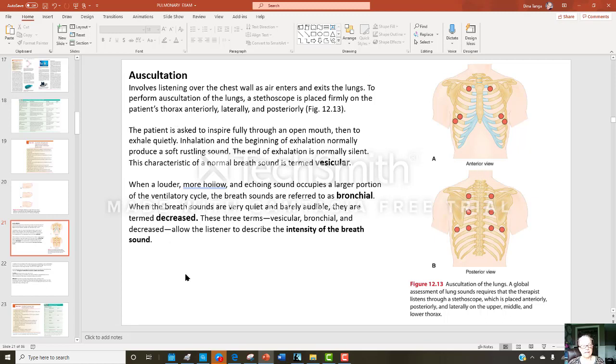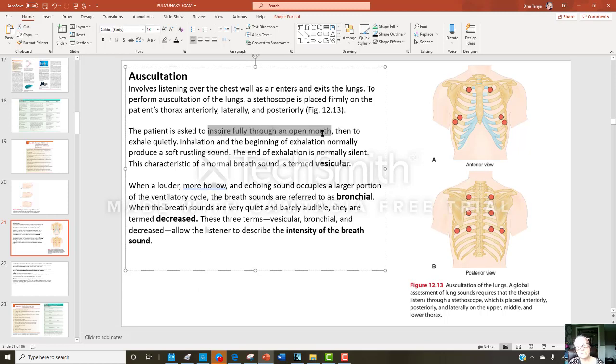The patient is asked to inspire, to breathe in fully through an open mouth, then to exhale quietly. That's interesting.